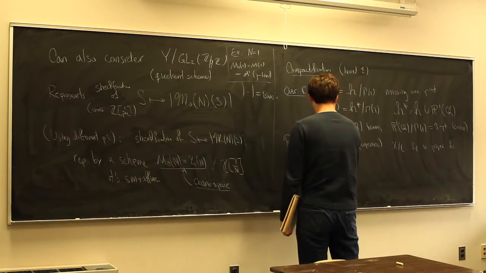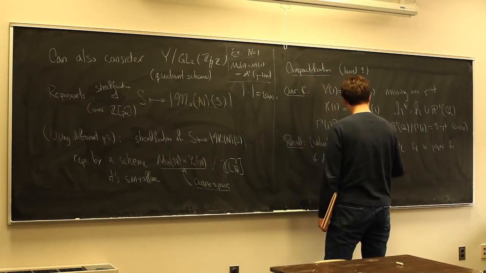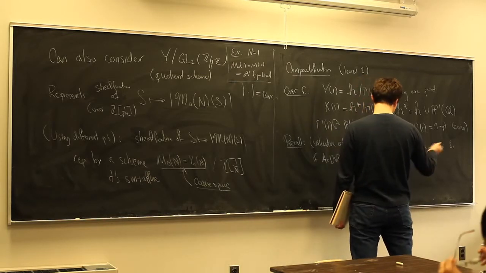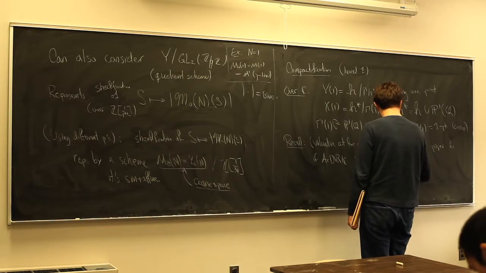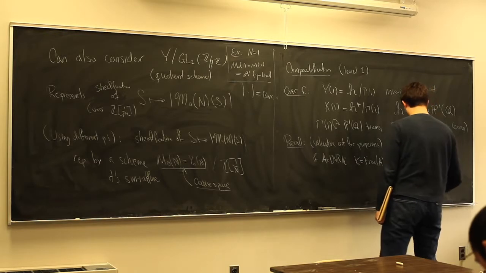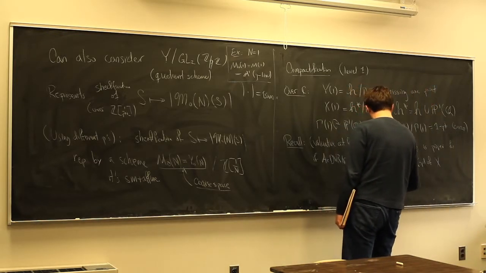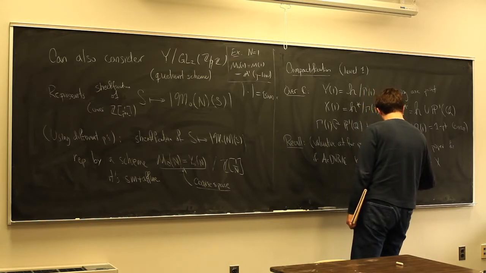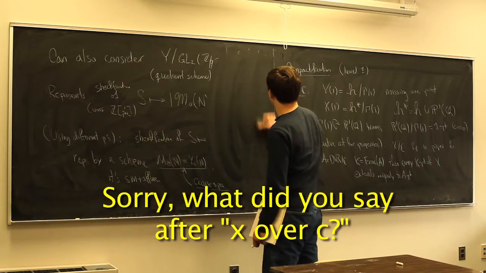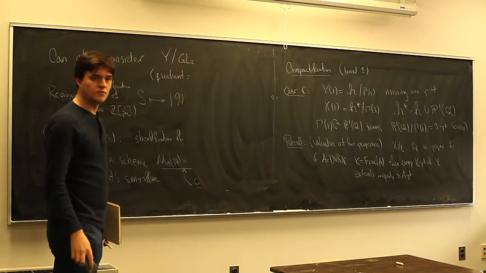So if A is a DVR and K is its fraction field, then every K-point of X extends uniquely to an A-point.